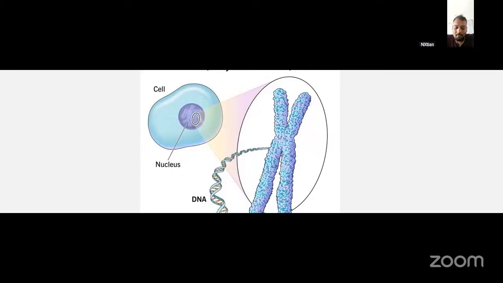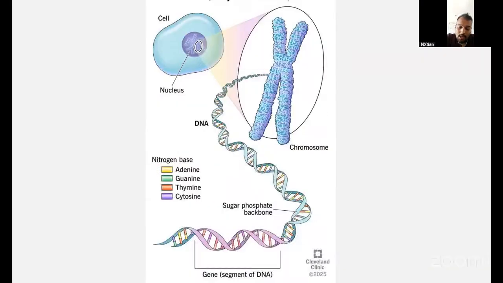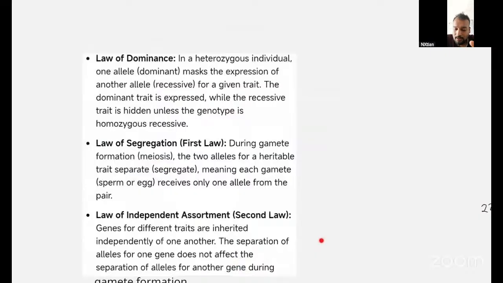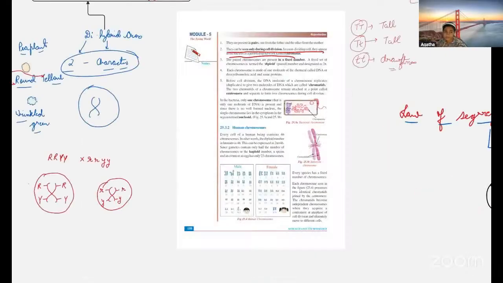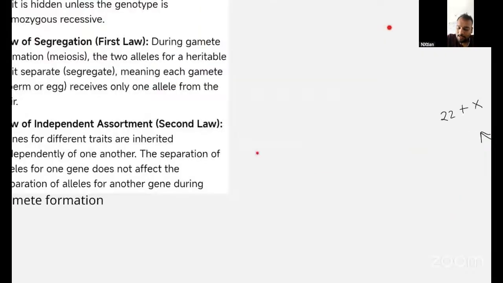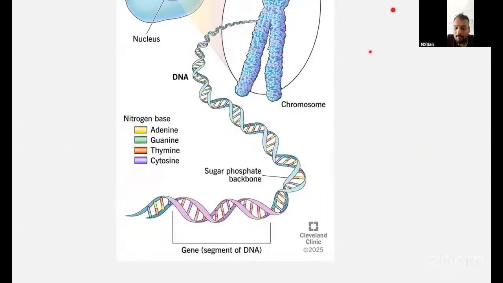So now we have this. Did you understand how the condensed form happened? See, we have to understand the condensed form, not the division part. You can see this is DNA, and this DNA is condensing to become a chromosome.